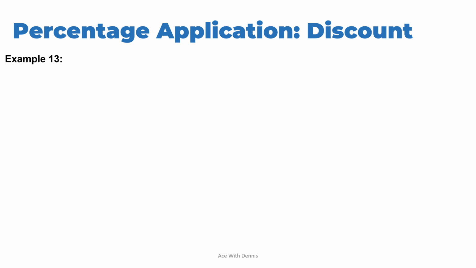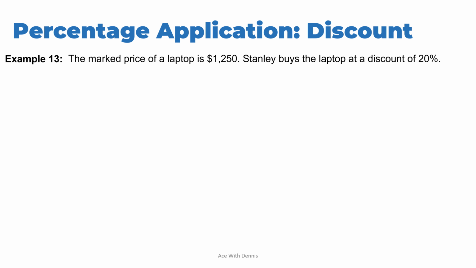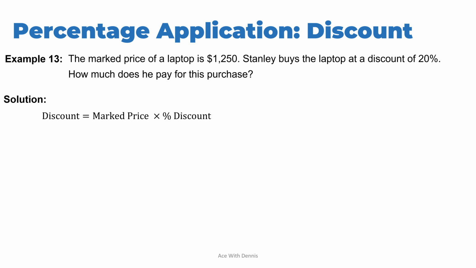Let's see example 13. The mark price of a laptop is $1,250. Stanley buys the laptop at a discount of 20%. How much does he pay for this purchase? So here's the solution. There are two methods we can use to solve this question. The first method would be we find discount first, which is mark price times percentage discount.